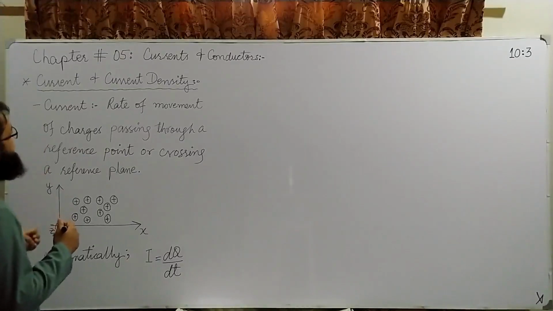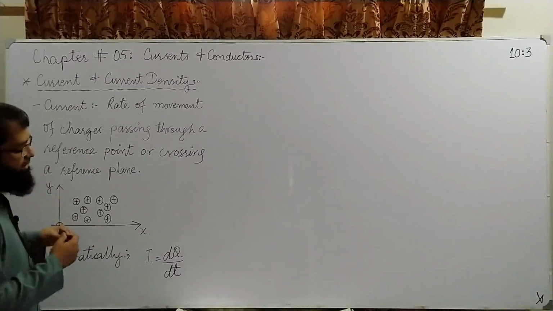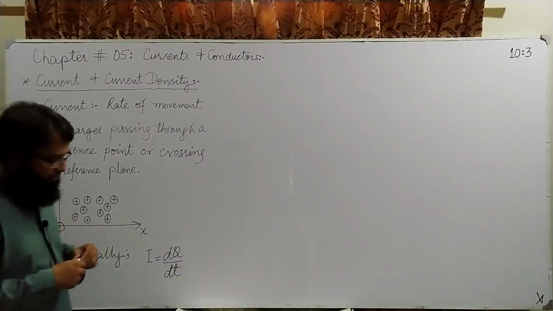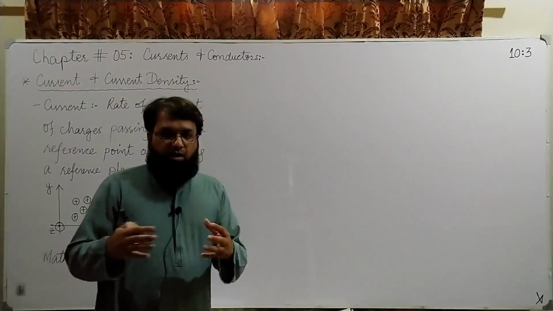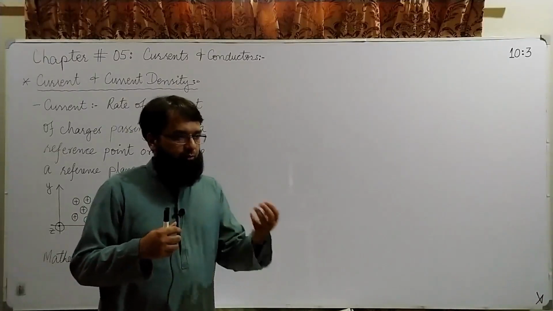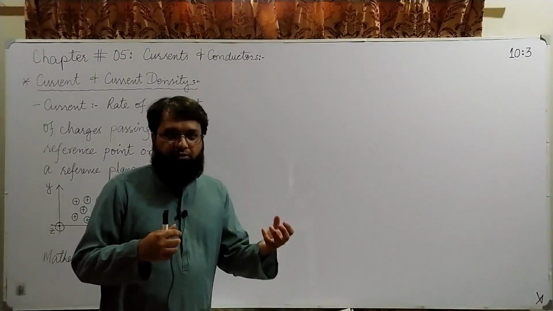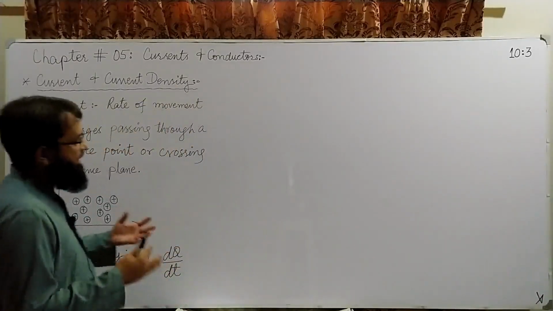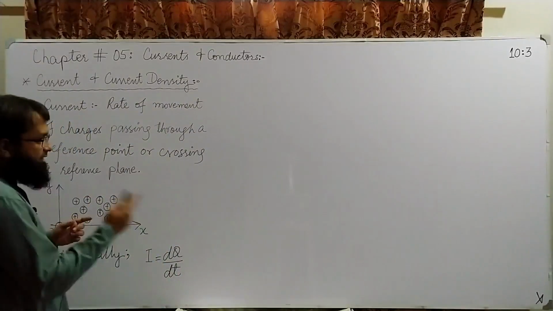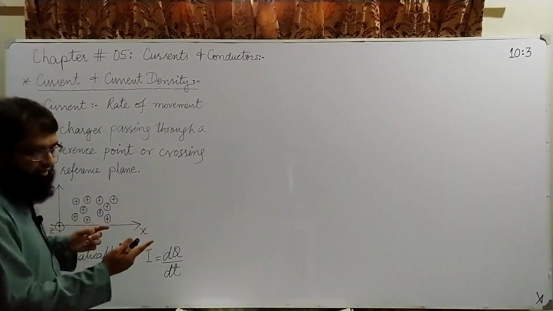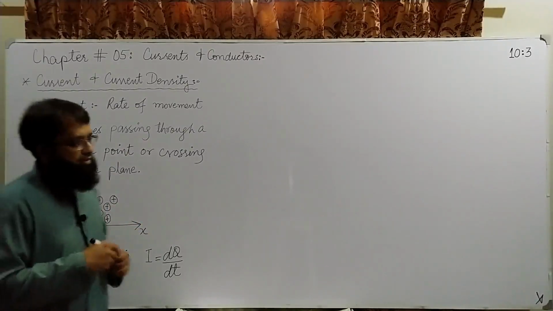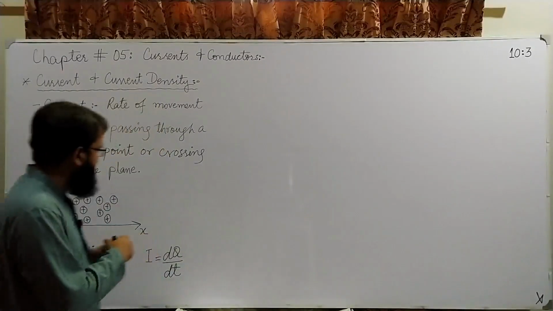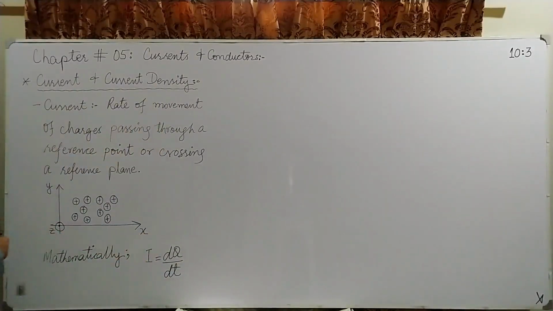Metals are the materials which are capable of providing huge concentrations of free carriers. That's why they are called conductors or electric conductors, because metals have the ability to conduct electricity from one side to another side of a circuit or a system.